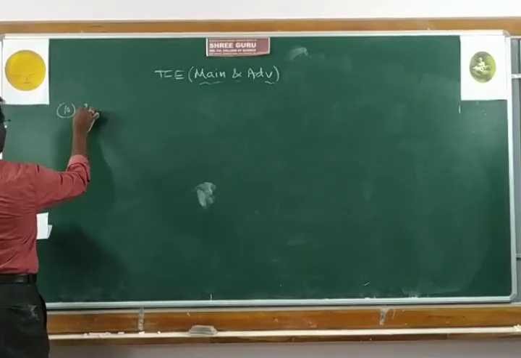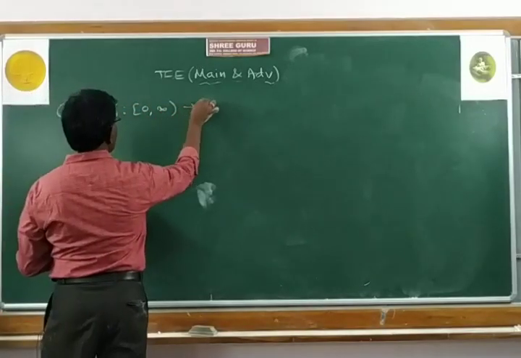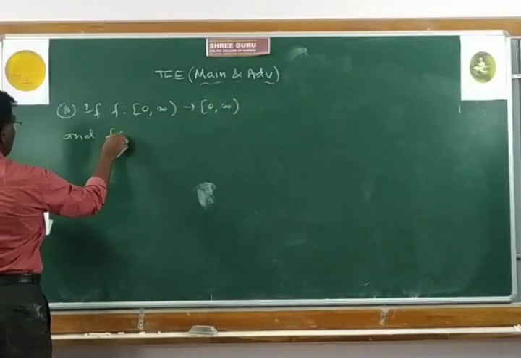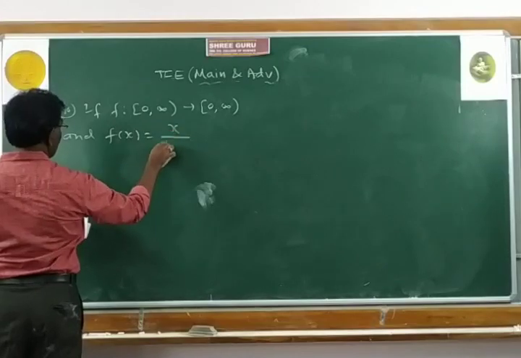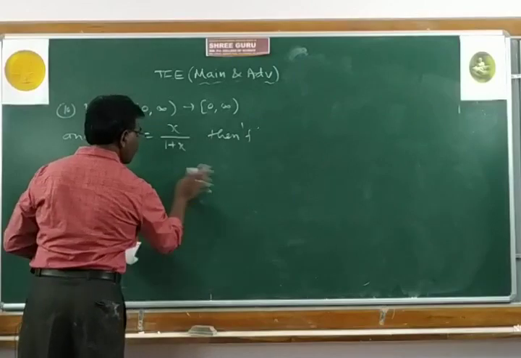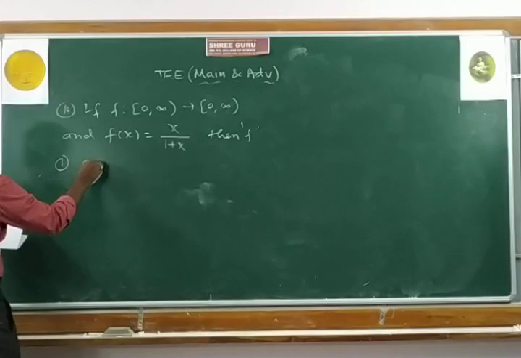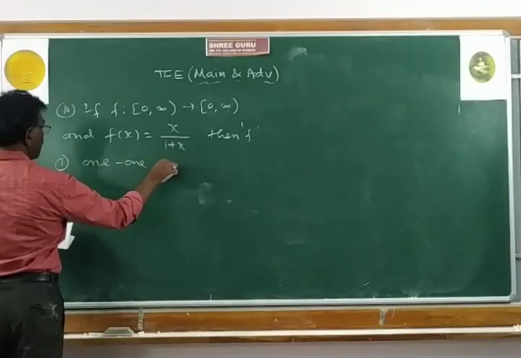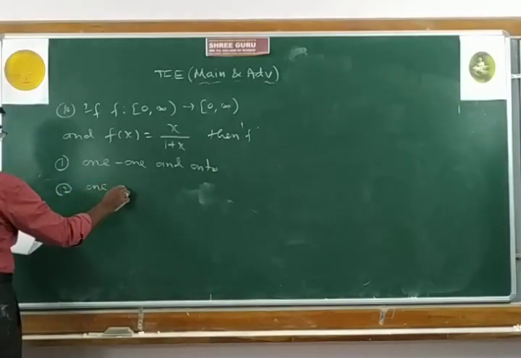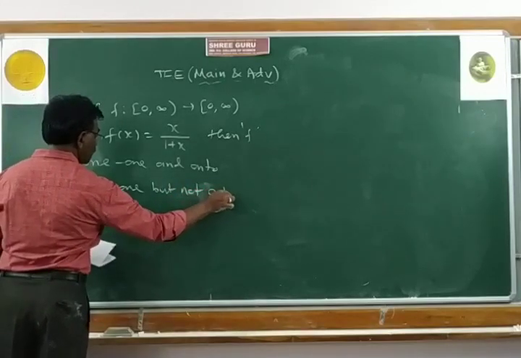If f from 0 comma infinity to 0 comma infinity and f of x is equal to x by 1 plus x, then f is: four options. Option 1: one-one and onto. Second: one-one but not onto.